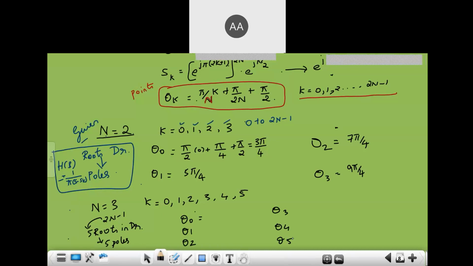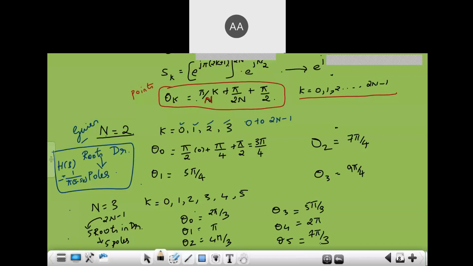So values are 2 pi by 3, you can substitute there and write and keep. 2 pi by 3, pi, 4 pi by 3, 5 pi by 3, 2 pi, and theta 5 is 7 pi by 3. I hope all of you are getting this.